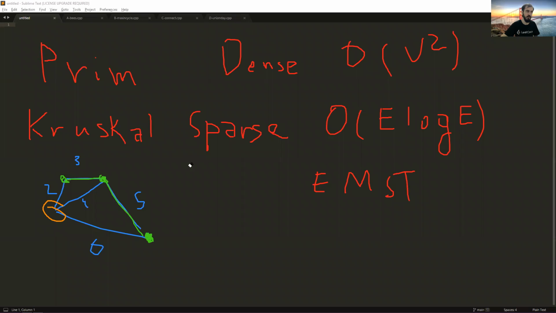Well, it's obviously 2, right? So let's take 2, and we take the vertex, and we are done because we connected everything. So at every iteration, Prim's algorithm adds one vertex to the processed part, via the cheapest edge possible. Okay.